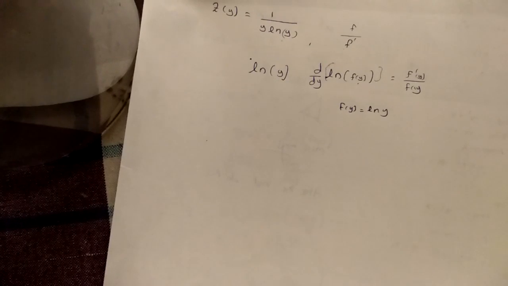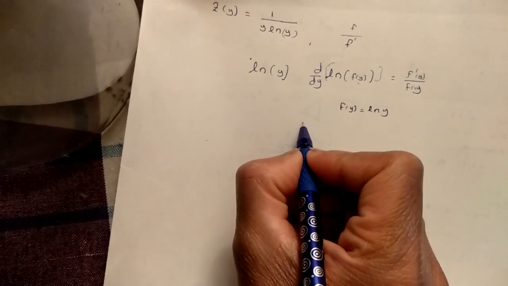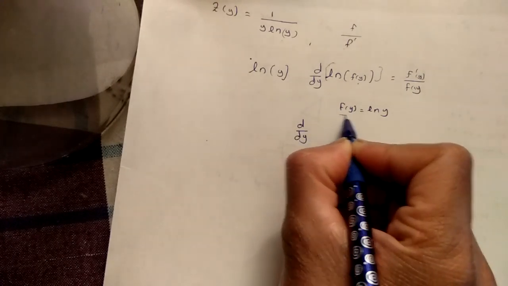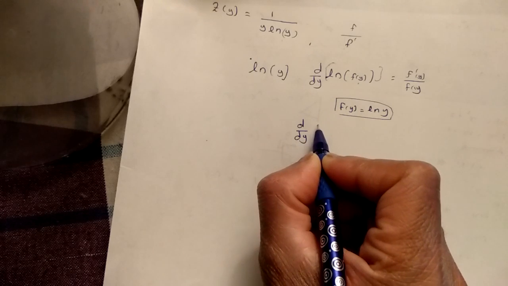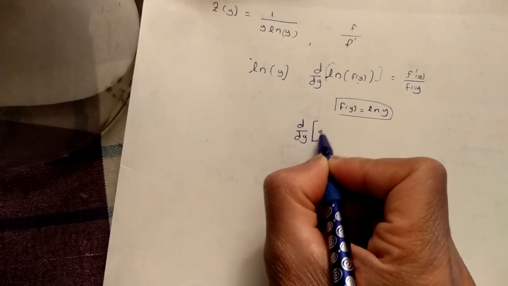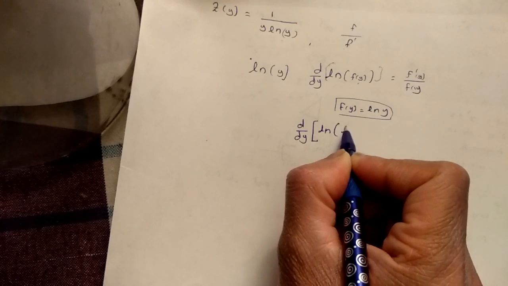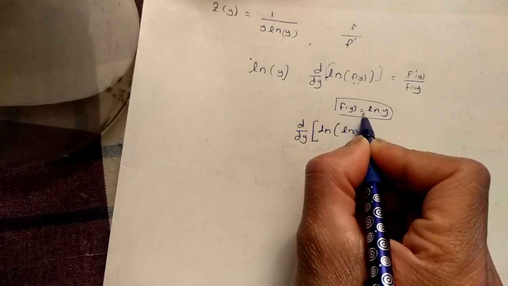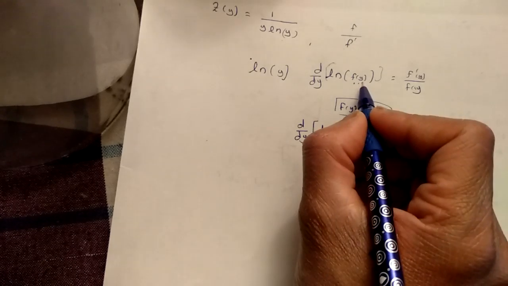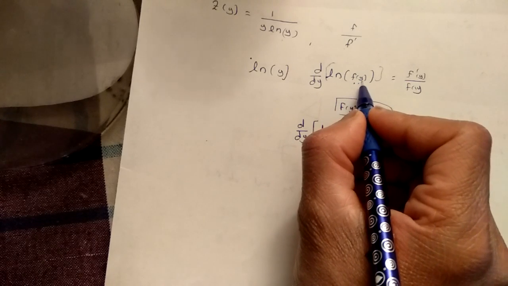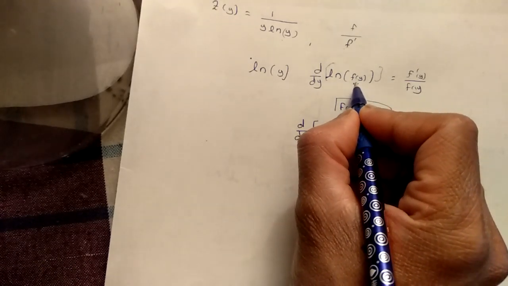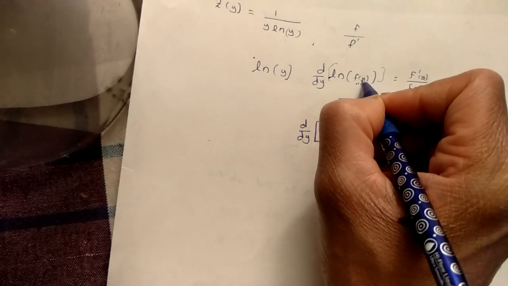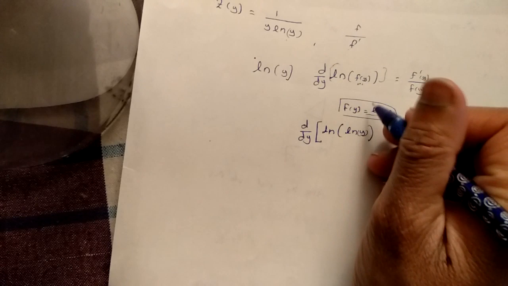When we differentiate ln of ln y, here instead of f(y) I am writing ln y, because the function f(y) is allowed to be ln y. It can be any other function, but it will allow this one as well.